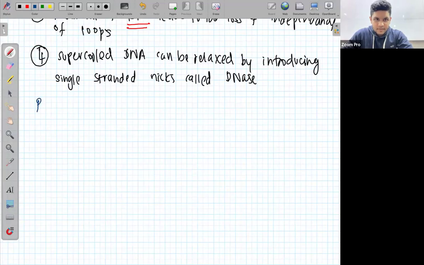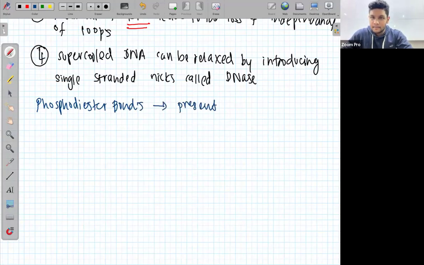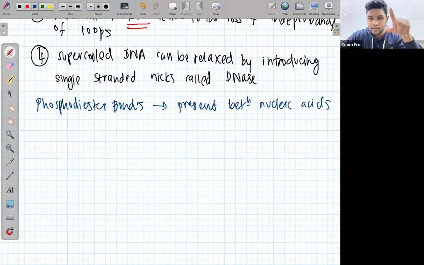Phosphodiester bonds are the bonds present between nucleic acids, not between nucleotides. You should not confuse that. The bond present in between nucleic acids is phosphodiester.